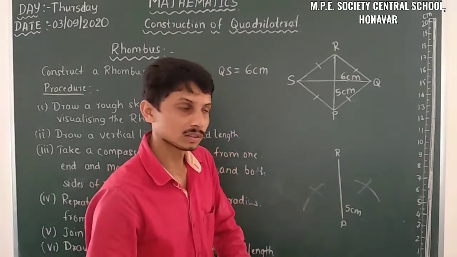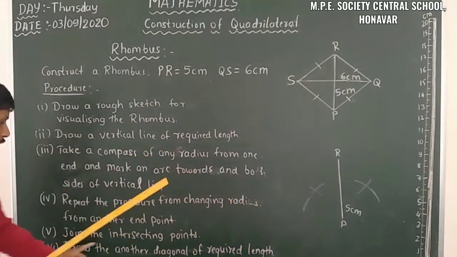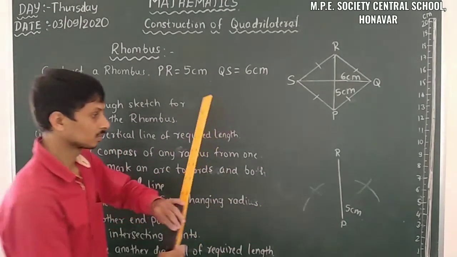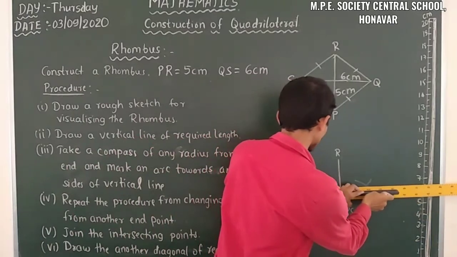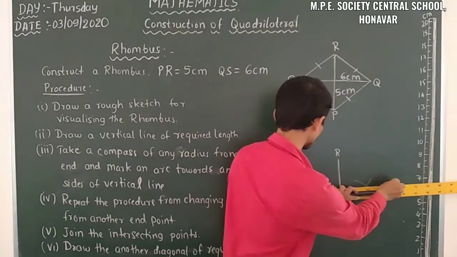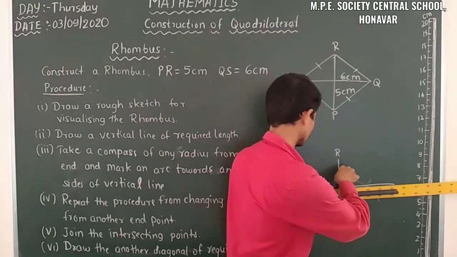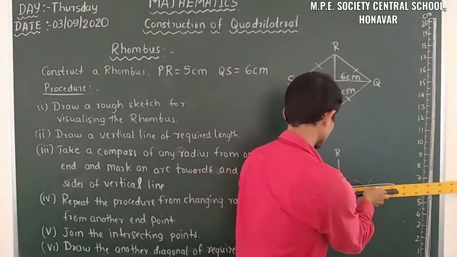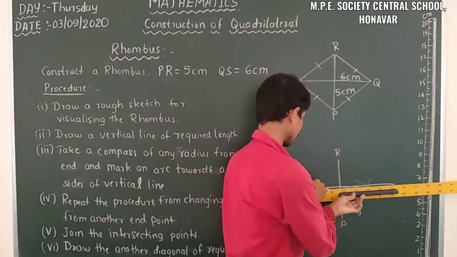After that we have to join the intersecting points, so the line passes through those two points. It becomes like this.